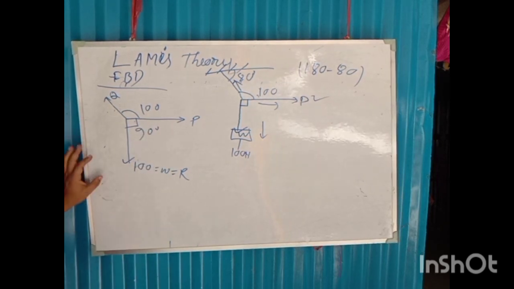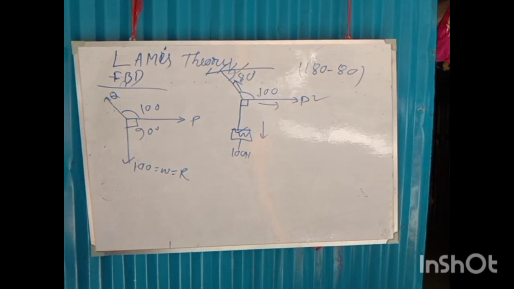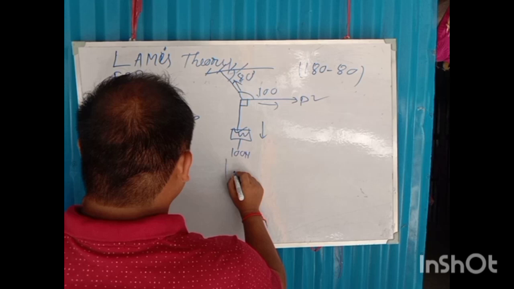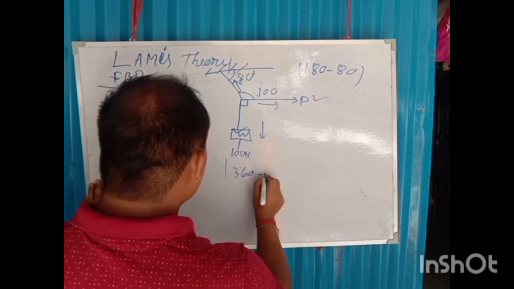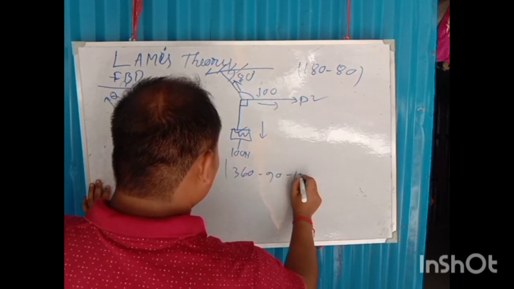And what will be the angle between R and Q? 360 minus 90 minus 100.